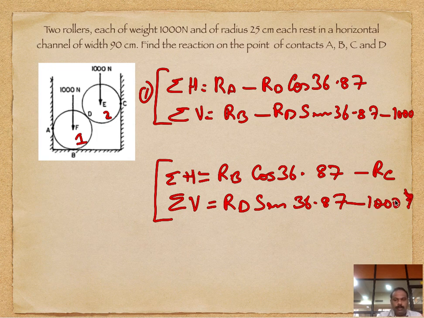Now let's equate sigma h to 0 and sigma v to 0. So we get four equations.